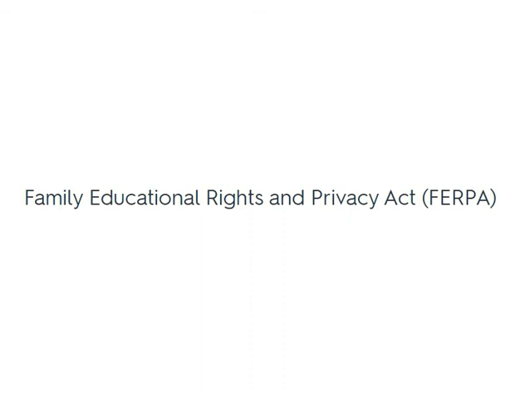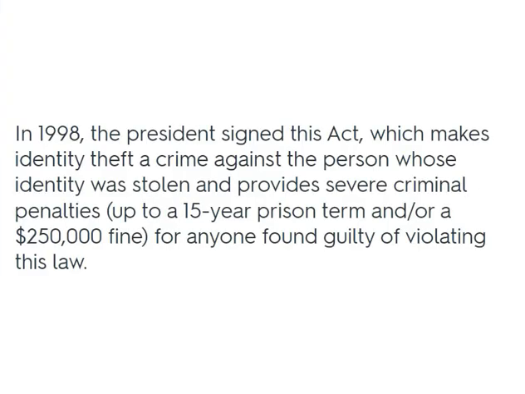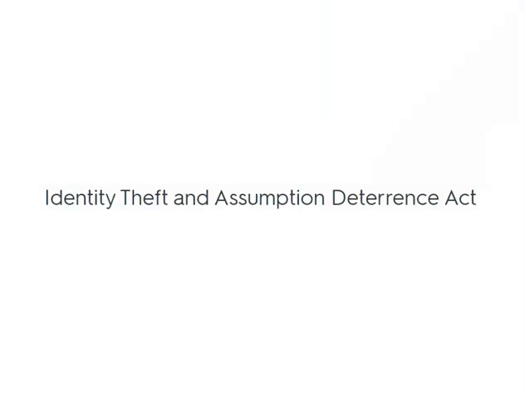Family Educational Rights and Privacy Act. In 1998, the President signed this act, which makes identity theft a crime against the person whose identity was stolen and provides severe criminal penalties for anyone found guilty of violating this law. Identity Theft and Assumption Deterrence Act.